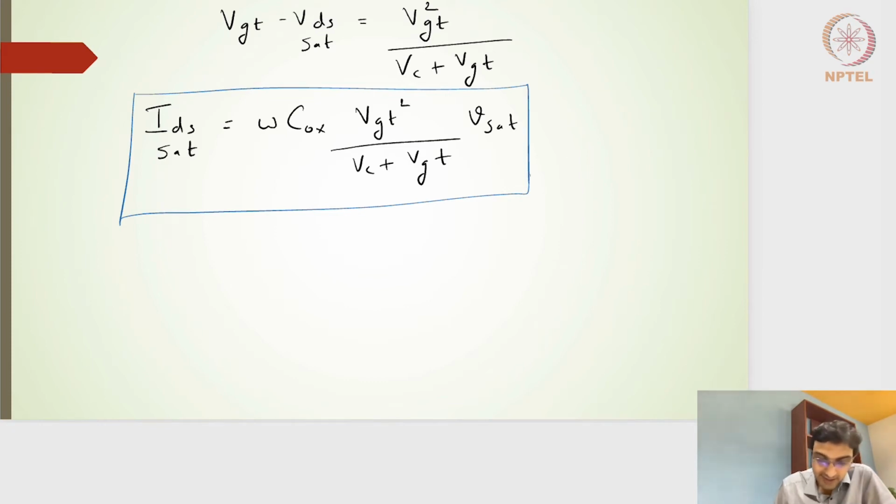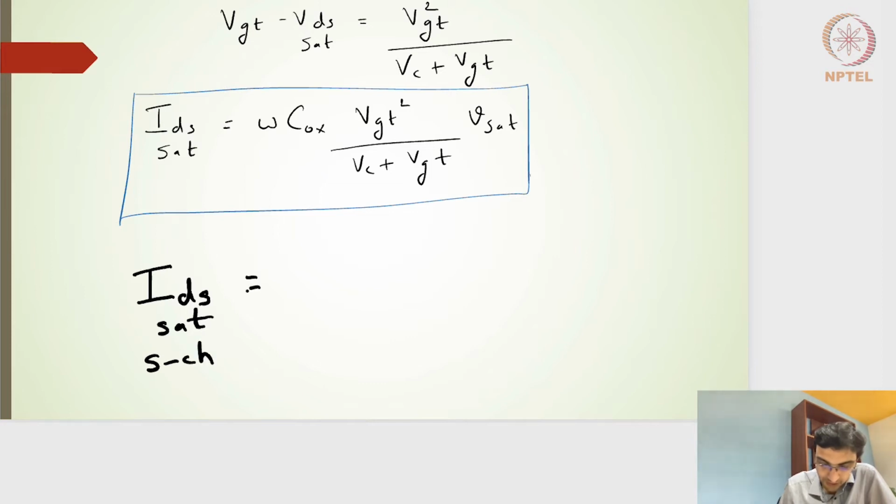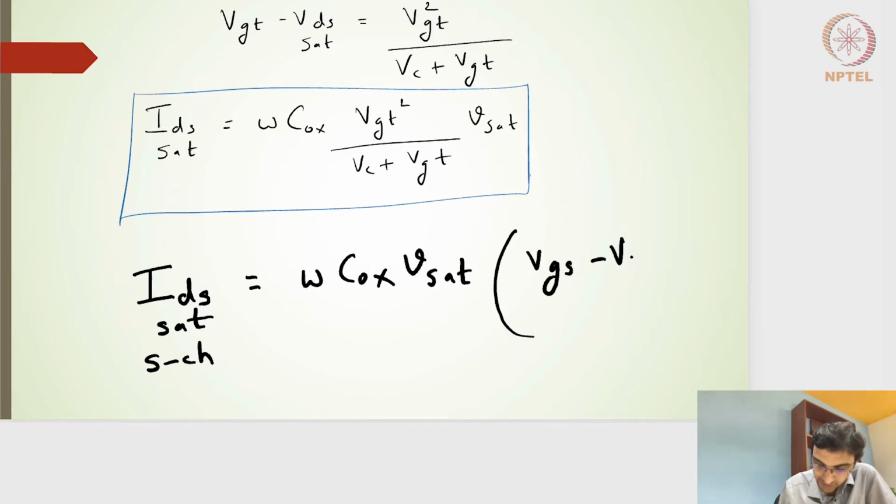If you remember, the saturation current for the short channel was nothing but W C oxide velocity saturation, multiplied by VGS minus VT and then VDS saturation.